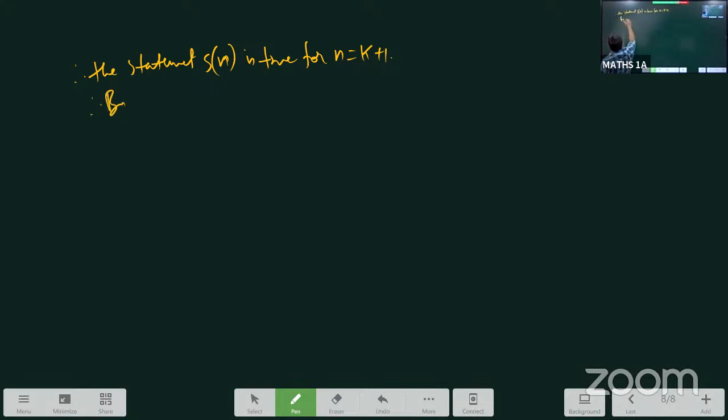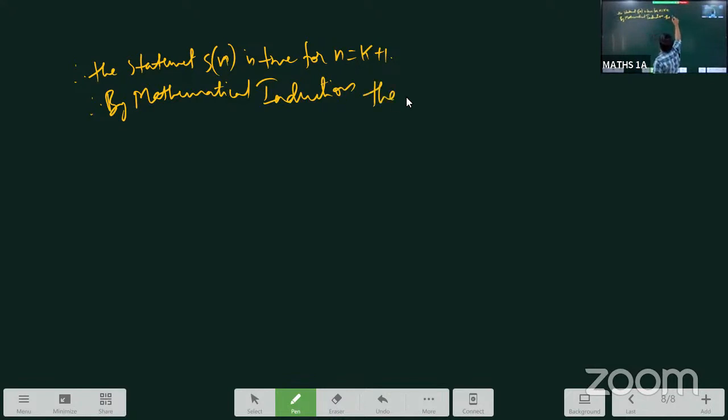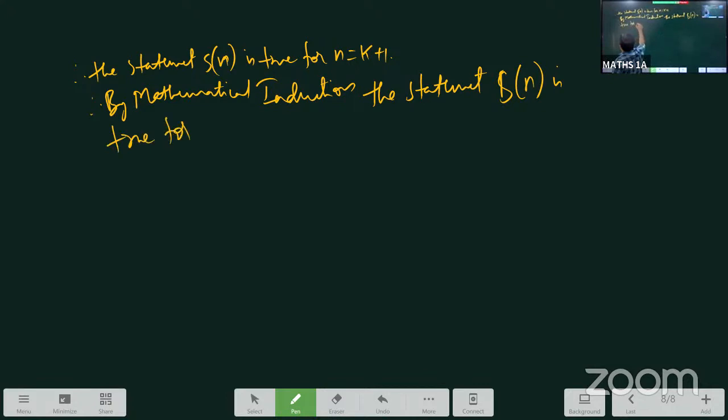Therefore, compulsory you have to write this statement. Therefore, by mathematical induction, the statement S of n is true for all n belongs to natural numbers.